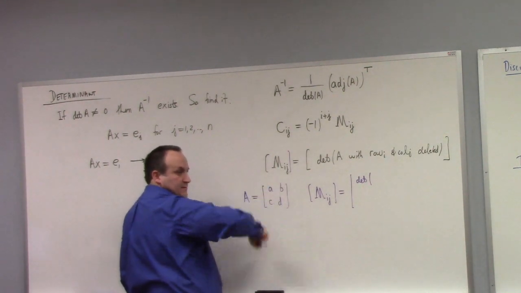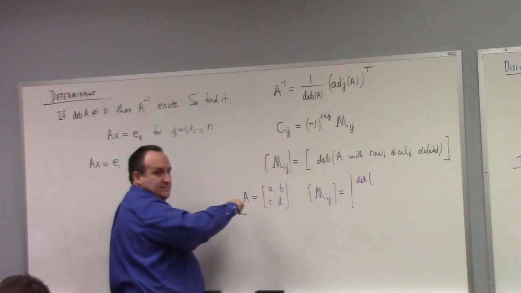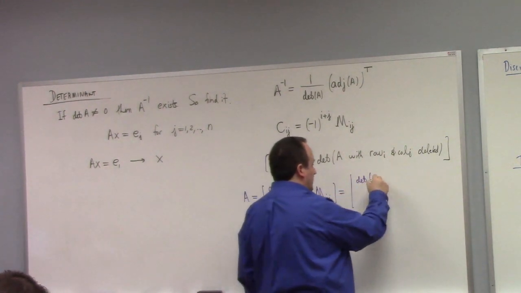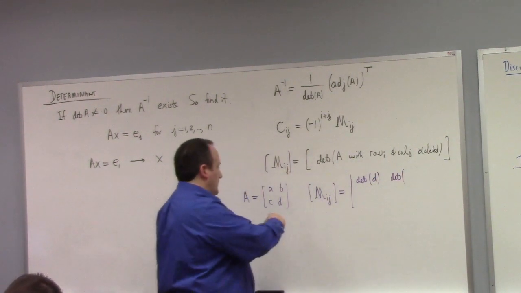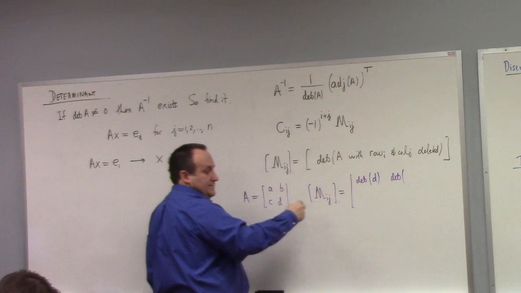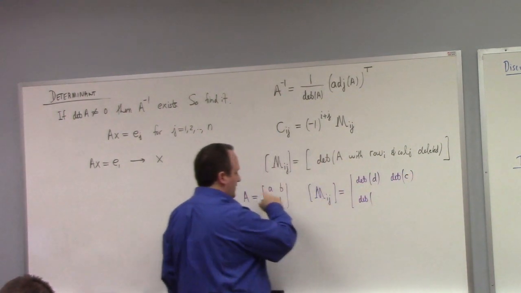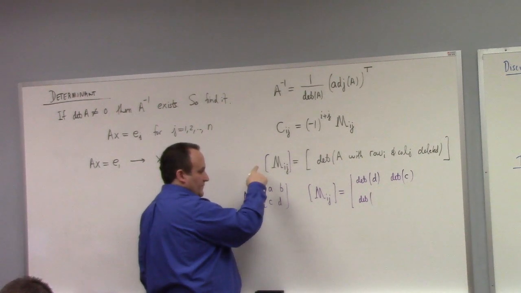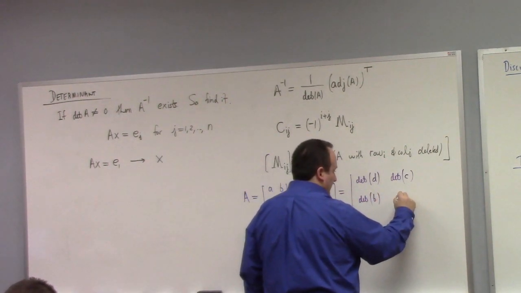What are you left with? Just D, right? And then we take the determinant of C, and the determinant of, crossing out the first row and second column, we got B, and then A.